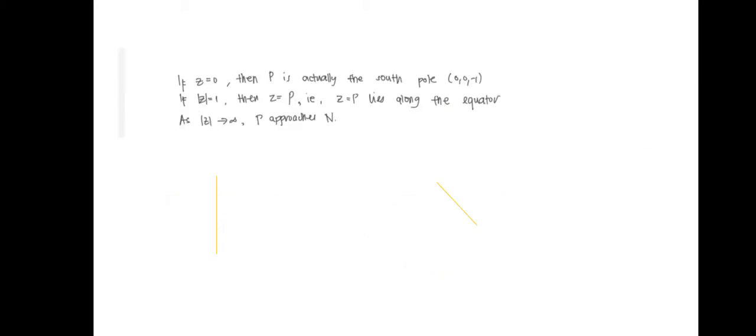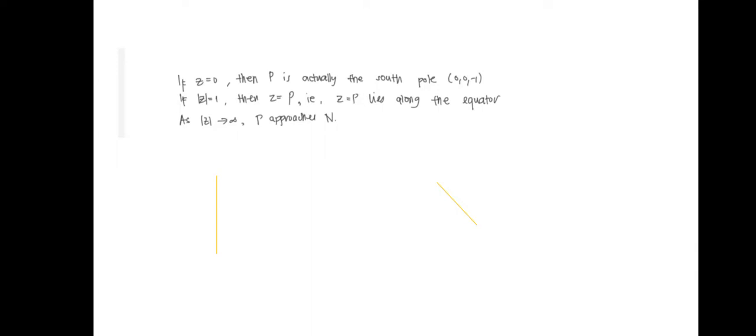Next, if z is equal to 0, then P is actually the South Pole, the ordered triple (0, 0, -1). This time our point is connected to the right below our North Pole. As you can see this yellow line here, we shall call this our South Pole.